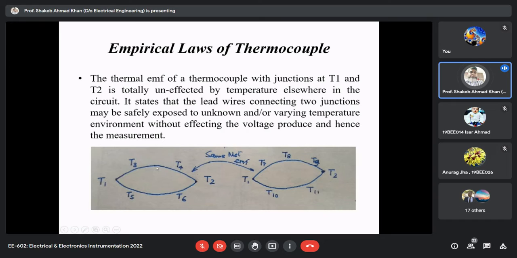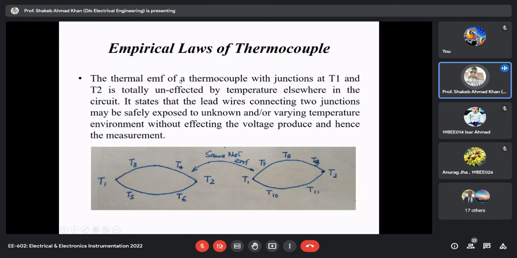If it is changing, maintained at some other temperature because it is exposed to the environment, it will not affect your net output. So it won't affect your temperature measurement. It won't introduce any error.